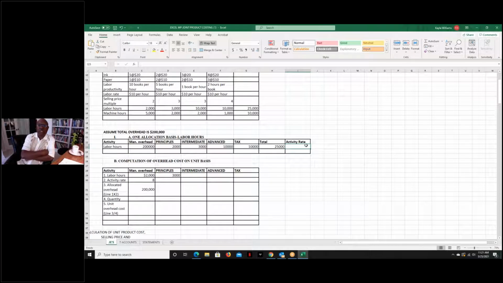What am I putting? Put equal 200,000 slash 25,000. Is that like an actual number for that? Those are actual numbers. You're using the manufactured overhead over the total number of labor hours. Oh, I thought you were going to give me the end result. My fault. Oh, it's 8. The end result is 8.